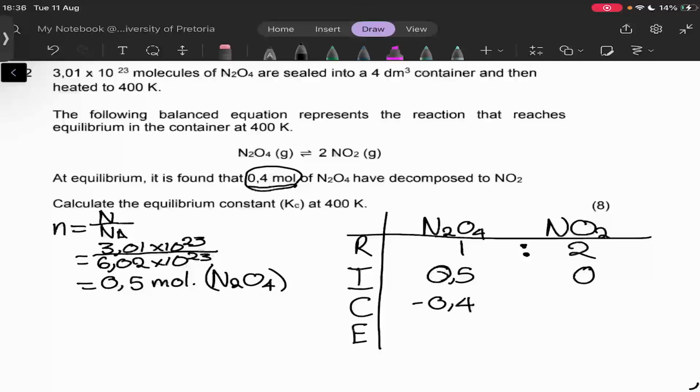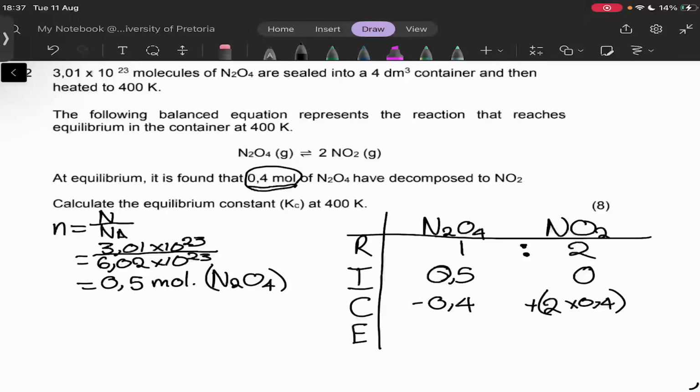Then if we now go to the change of NO2, that has to happen according to the ratio. If 0.4 moles of N2O4 decomposed, that means we need 0.8 of NO2 that has now formed, or the change, the increase in that. Okay?